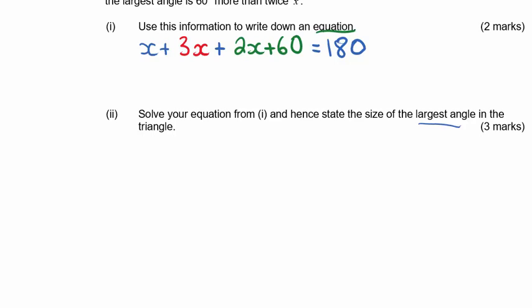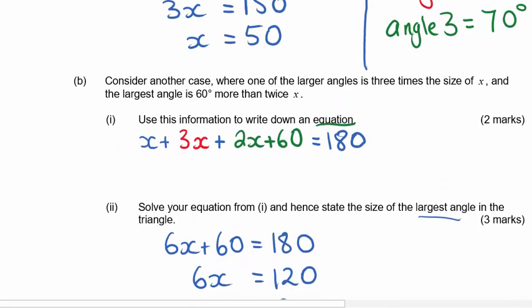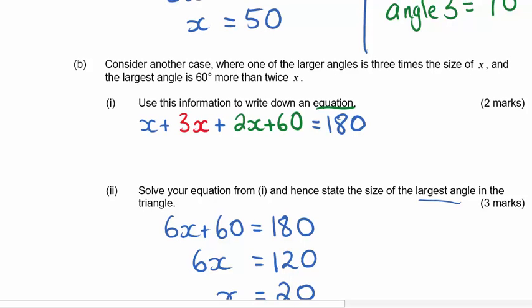So collecting our like terms together, we have 6x plus 60 equals 180. Subtracting 60 from both sides, we get 6x equals 120, and then dividing both sides by 6, we get x equals 20. Now it says in the blurb above that the largest angle is our green description here.